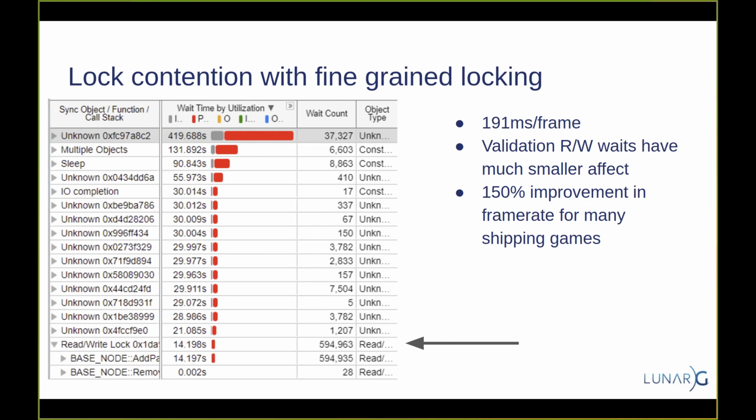And frame rate goes up for many shipping games by about 150%. So a lot of games go from where they're barely usable to where they're somewhat reasonable. And a big part of this is that the validation locks are now guarding a smaller section of code, and more often than not, these 16 threads can run in parallel.